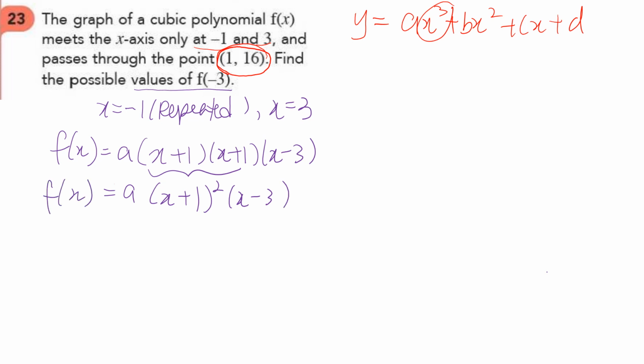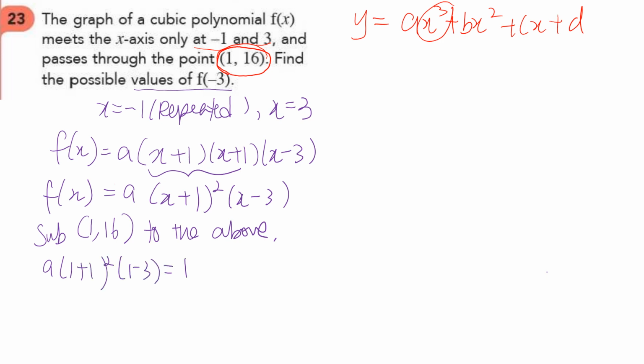Alright, so that leaves only one unknown we need to find, that's a. So I have to substitute (1, 16) into the above. That means when I let x be 1, f of 1 is 16. That means my y coordinate is 16.